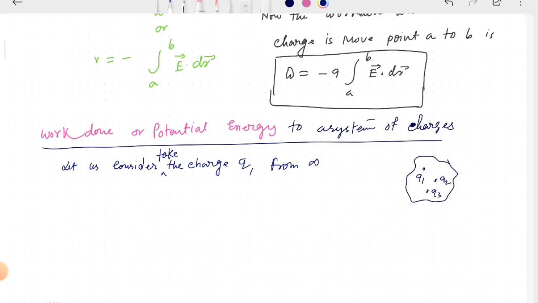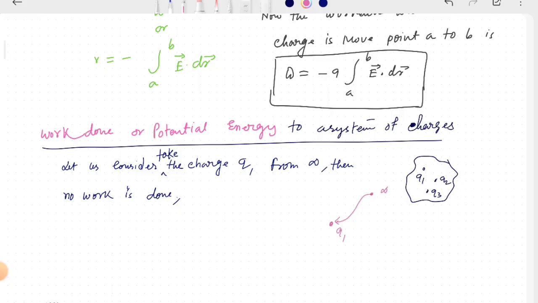No work is done. Why is no work done? This is the infinity point and I bring the charge Q1 to that point, but in that case there is no work done.